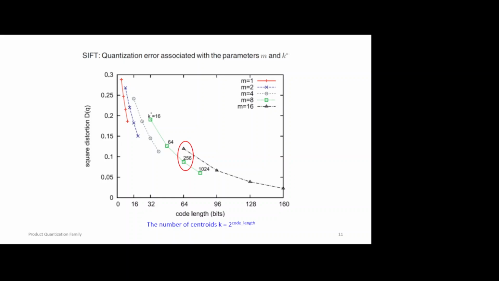If you use this instead, you have 8 segments, and each segment has 16 centroids. The distortion will be larger than this one. So it gives you a suggestion: if you fix your code length, you should use fewer segments, but use more centroids in each segment. Use fewer segments with more centroids in each segment to reduce your quantization error.